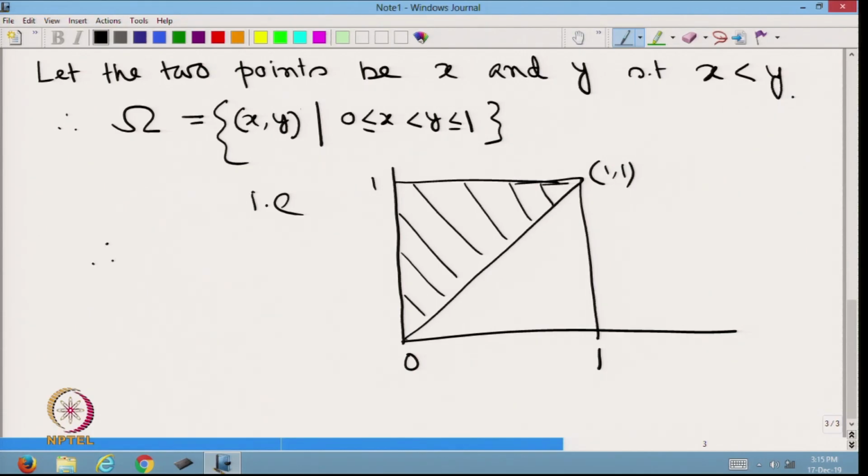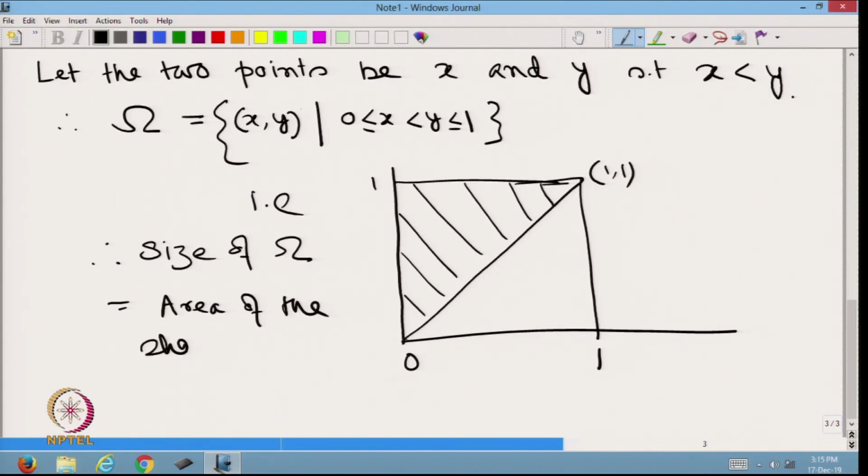Therefore, size of omega is equal to area of the shaded triangle, which is equal to half.